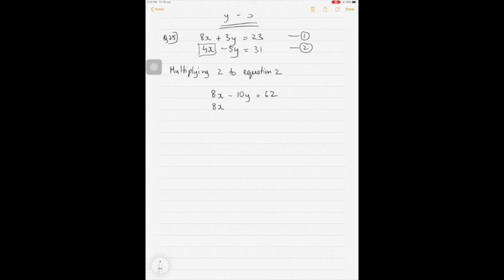Correct? I'll write my first equation, which is 8x plus 3y is equal to 23. Now, this is plus 8x, this is also plus 8x. You cannot cancel it.